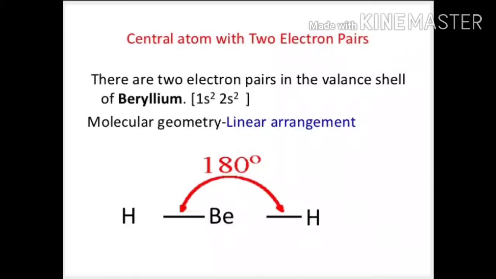Beryllium hydride has two bonded pairs of electrons and no lone pair, so it has a definite geometry or symmetrical shape, that is linear. All triatomic molecules in which no lone pair is present have a linear shape, and the bond angle is 180 degrees.